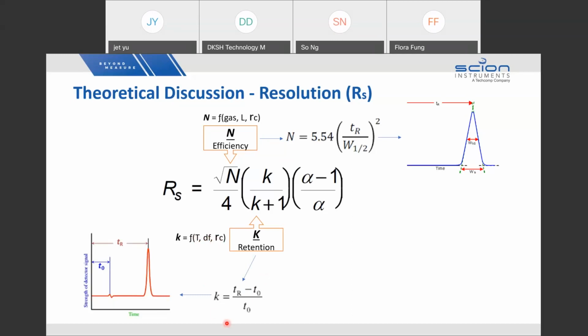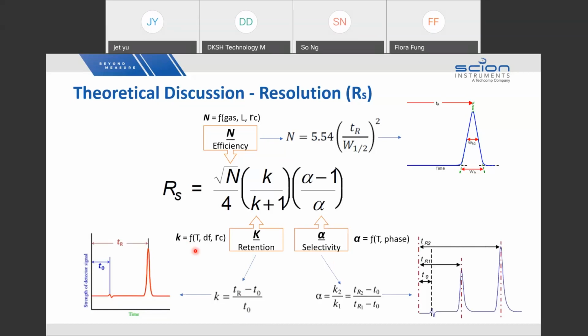This is how you define the retention factor: retention time minus t0, where t0 is basically the air peak, with no retention at all, as a reference. Then you divide by t0, and you get the retention factor. Different components have different retention factors. Temperature-wise, if you increase the temperature overall, then the retention factor is less.